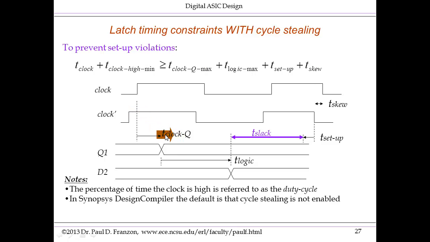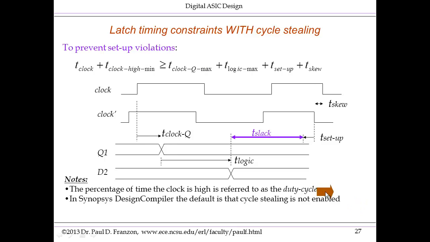Now, we have from this time here to this time here, that is plus T clock high min later, for all these events to occur: T clock to Q, T logic, plus T setup before the falling edge, plus T skew. In this example here, the setup constraint is satisfied by the amount T slack.